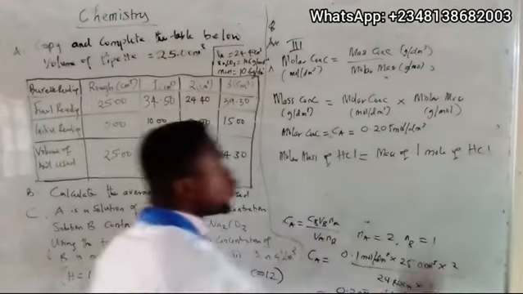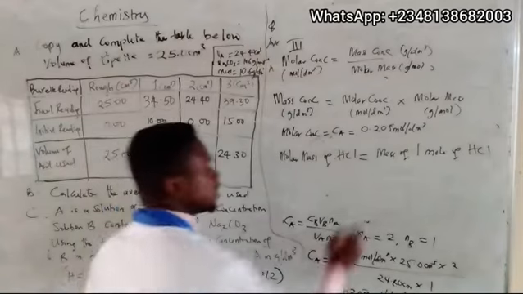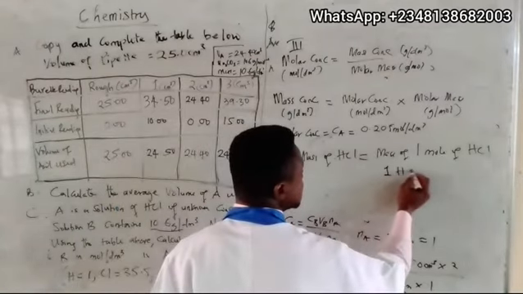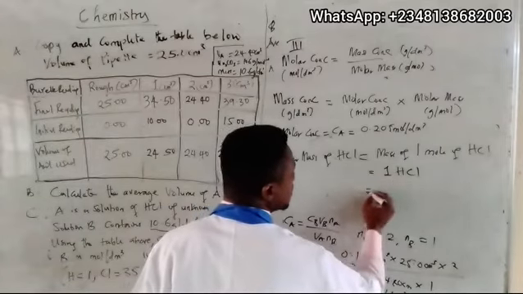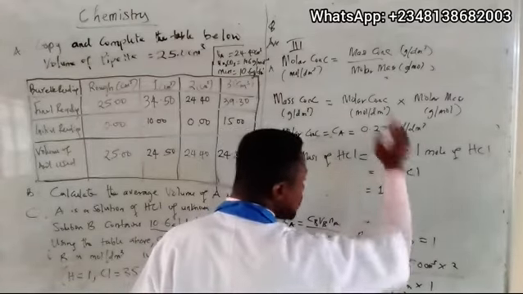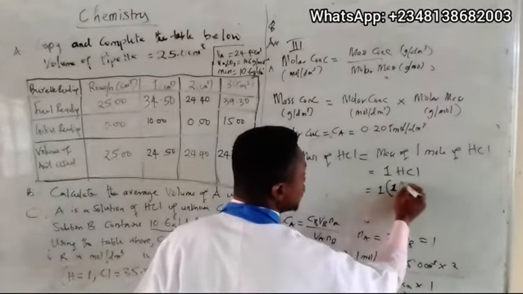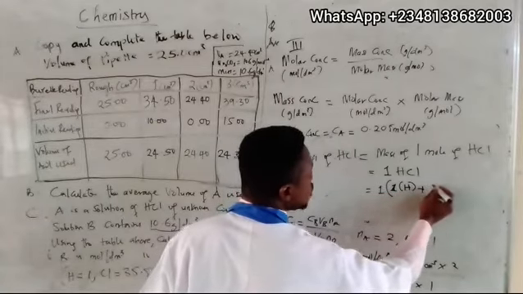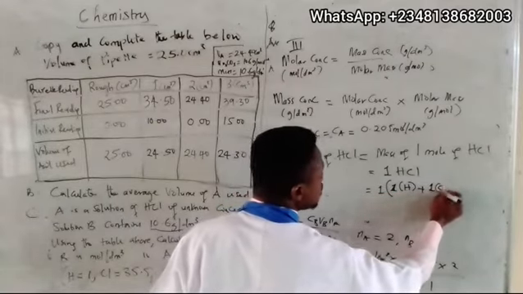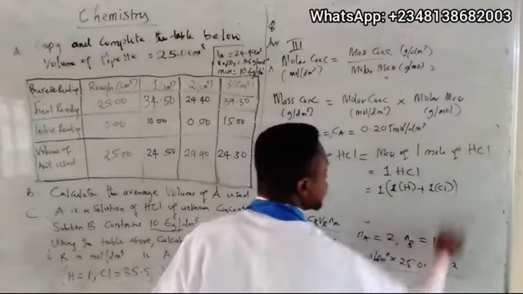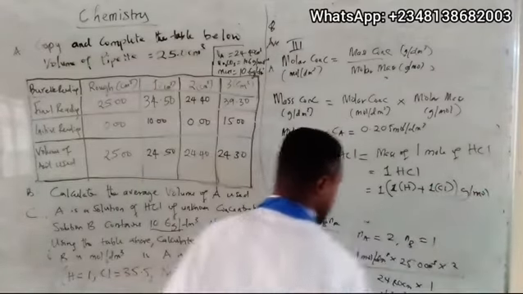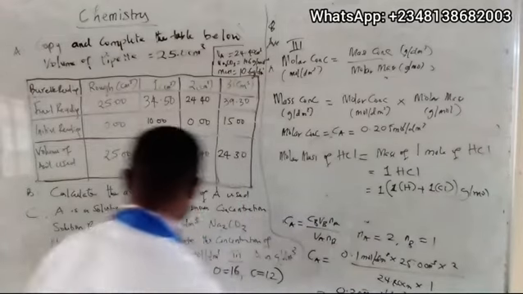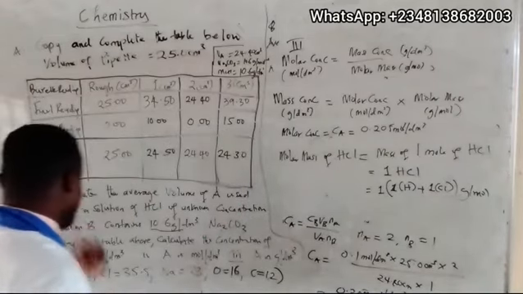And 1 mole of hydrochloric acid contains 1 mole of hydrogen atom plus 1 mole of chlorine atom, all in gram per mole. Now we go back to the relative atomic mass of each of the elements.